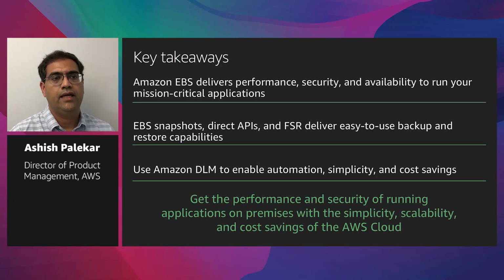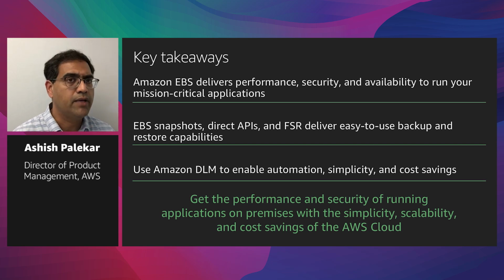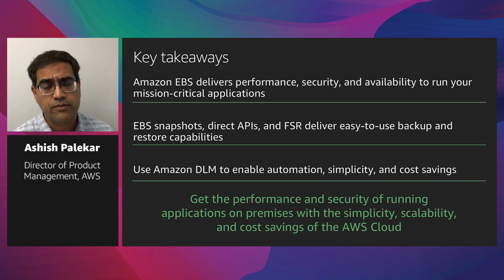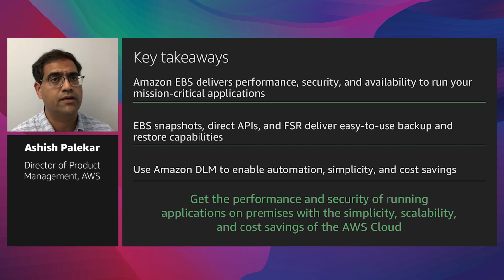So, what are the key takeaways? When you think about performance, security, and availability for your mission-critical applications, think about EBS, think about the volume types within EBS, and how you can use them to create different cost points and different experience points for your workloads.